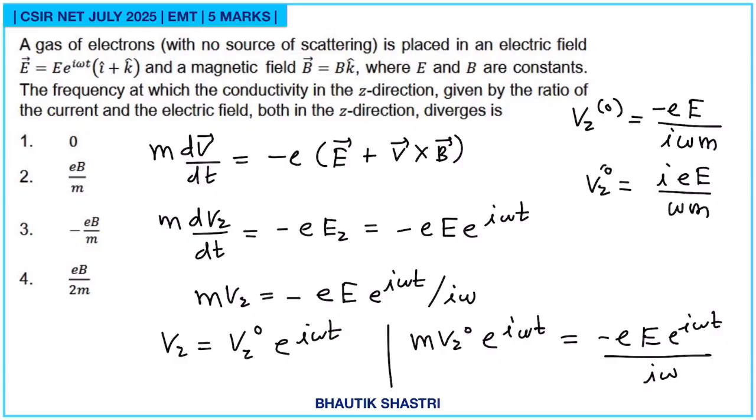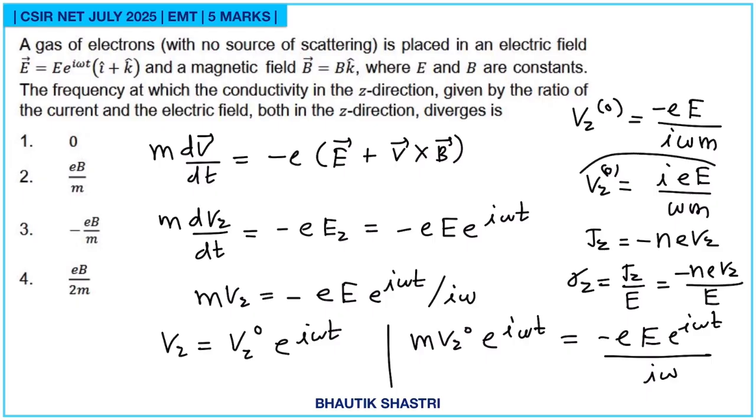That will be vz0. Now conductivity in the z direction, that is Jz is equal to minus Ne vz. This is current density, and conductivity will be equal to Jz by E. So that is minus Ne vz upon E.